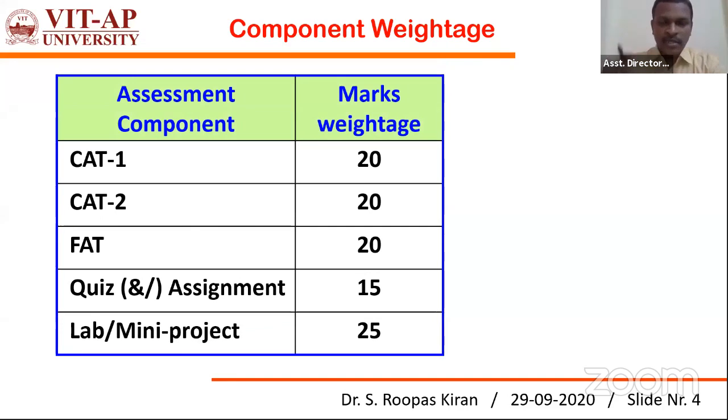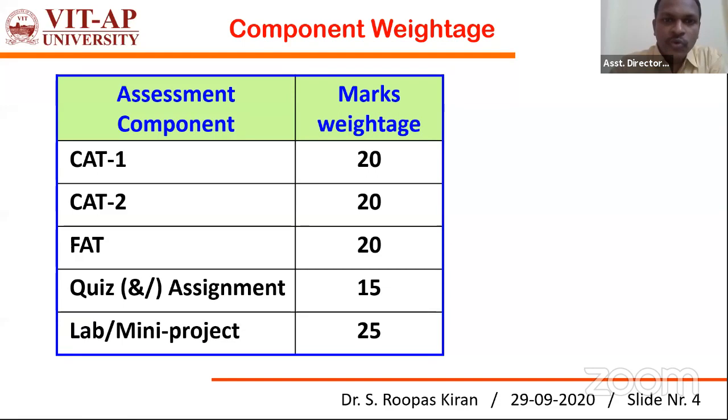In general, almost all courses will have the respective weightage as shown here. For the 3 examinations, out of the total 100 marks of any course assessment, these 3 examinations will have 20, 20, 20 weightages respectively. For the rest of the 40 weightage, as I was telling from the very first slide, it depends on the type of course.